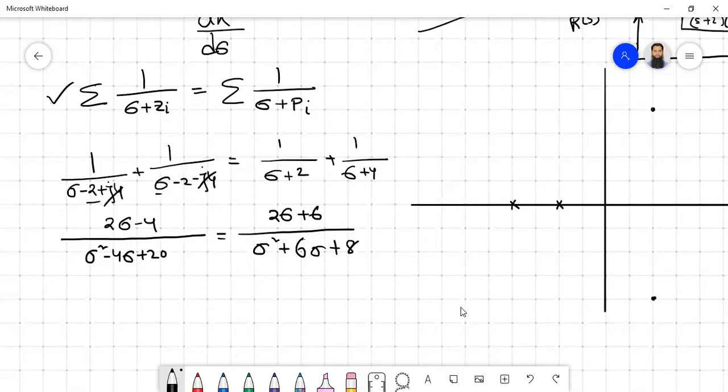Then what we get is 10 sigma square minus 24 sigma minus 152 equal to 0.